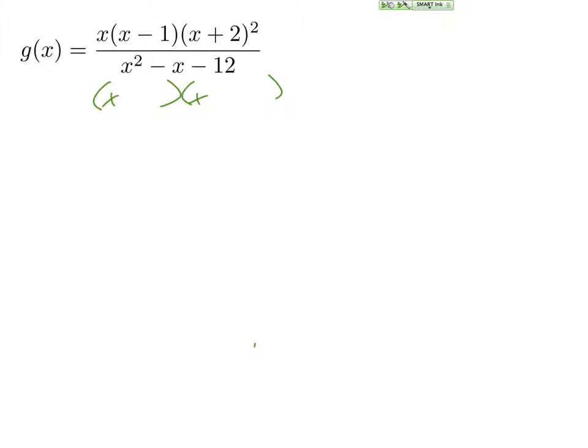Factors of 12, subtracted to get 1, so that has to be 3 and 4. And then the second time through, it says signs are different, and the biggest one is negative. So that means my vertical asymptotes are what? Negative 3 and 4. So x equals negative 3, x equals 4.